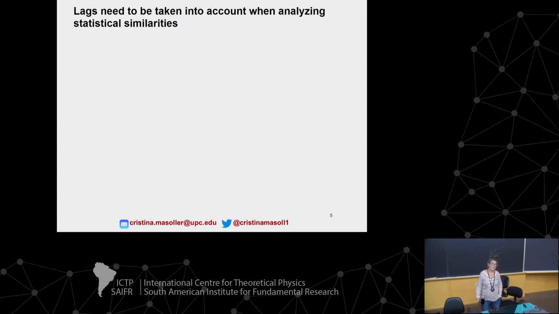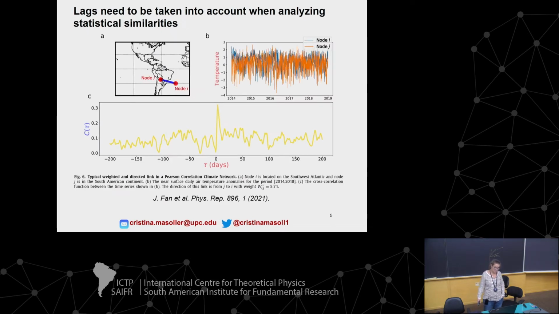And again, the lag. Going to the lag, suppose that you have two time series. Here is somewhere in Argentina and in the sea. You clearly need to understand that there is some lag between what happens in one point and what happens in the other point. I think it's temperature anomalies. And you just see this, and it's not obvious which is the lag to consider between the two time series.